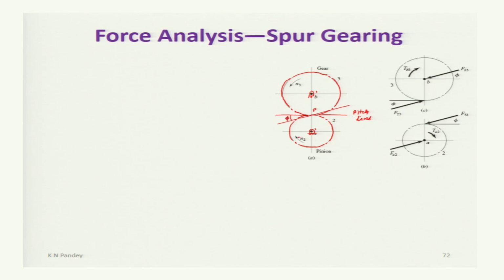The pinion is rotating in a clockwise direction with RPM equal to N2, and the gear will rotate opposite to the direction of rotation of the pinion, so it is rotating in an anti-clockwise direction with speed equal to N3 RPM.